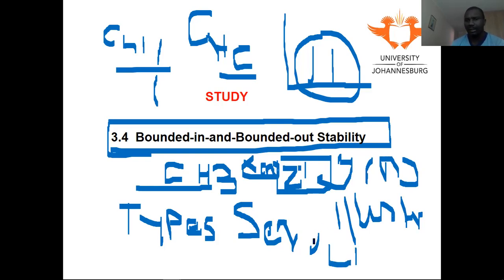And for LTI, you have to show whether systems are LTI or not. You might be given an equation and asked: is this time variant or time invariant? Is this linear or not linear?